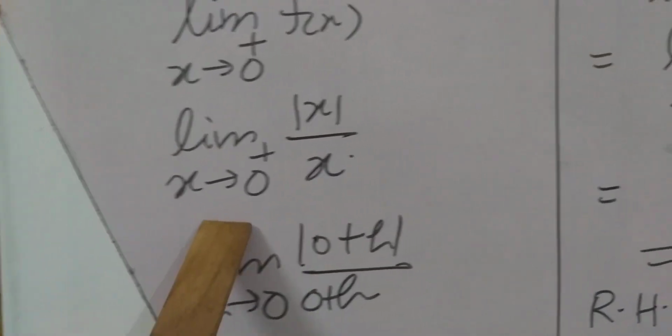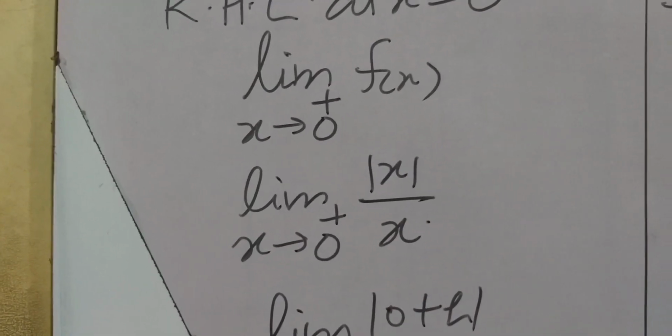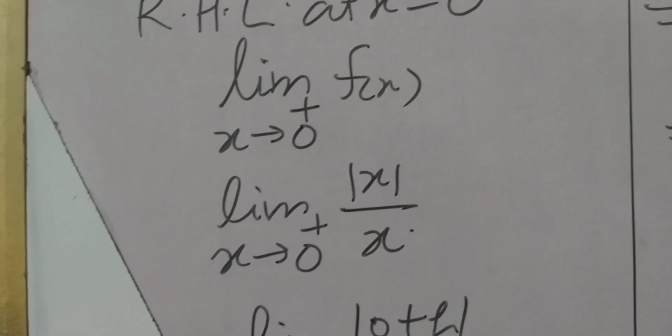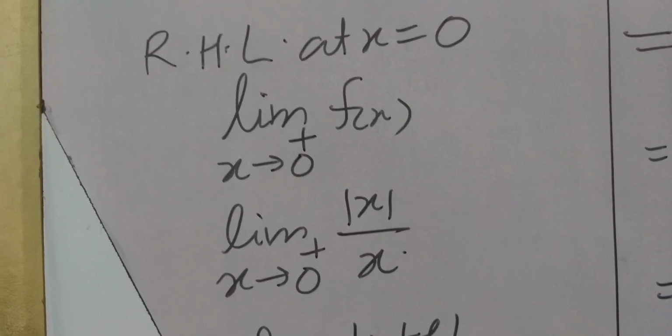Now students, we suppose little bit more than 0 means x equal to 0 plus h. When you put x equal to 0, then h tends to 0.